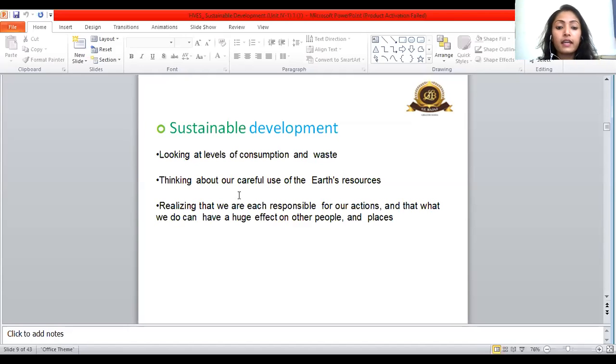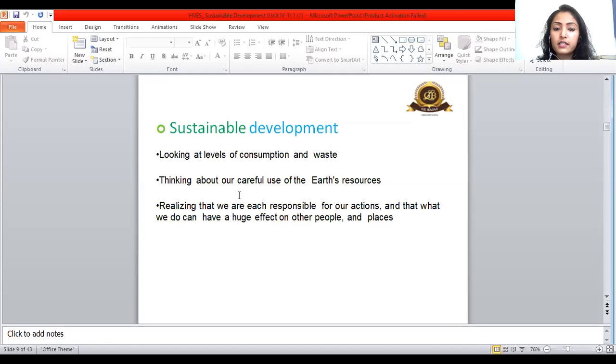The second point is thinking about our careful use of the earth's resources. Earth's resources have already been discussed: fossil fuels, coal, oil, and different metals, stones, rocks, and minerals available on the earth. I have already given you the example of China digging out coal and constructing coal plants in such a rapid manner.